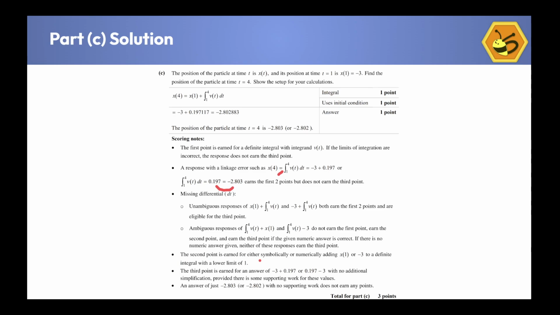The second point is earned for symbolically or numerically adding x(1) or -3 to a definite integral with a lower limit of 1. So for the second point, you have to write x(1) or -3, and the lower limit is 1. That will earn you the second point. And the third point is earned for just an answer of this. That is acceptable with no additional simplification, so just keep it as this.